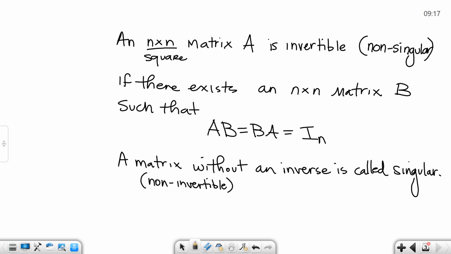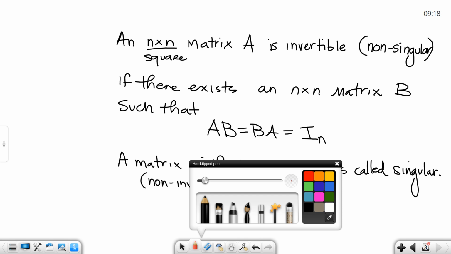Hey, I do ask you definitions in this class, as you know, back from test 1. Singular is one of them. Okay, so this is actually really tricky, though, because it talks about invertible is non-singular and non-invertible is singular, so there's a lot of nons in there, right? And so you have to be really careful with it. So let me stack it over here on the side.